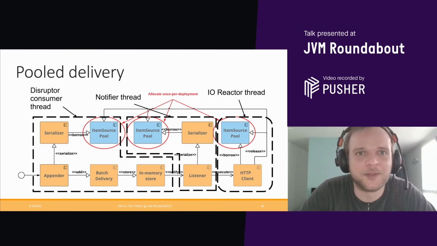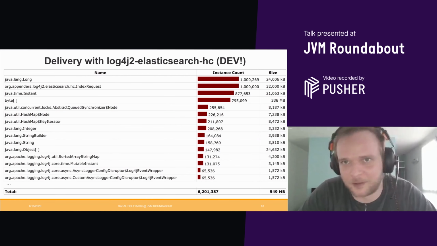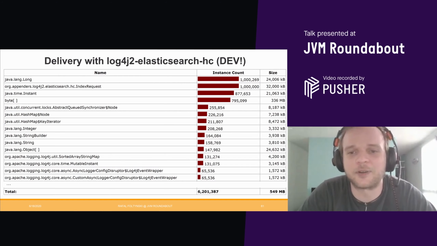So delivery with the development version of the HC components needed 6.2 million objects to actually do the same amount of work as the previous two, the Jest one and the current master.